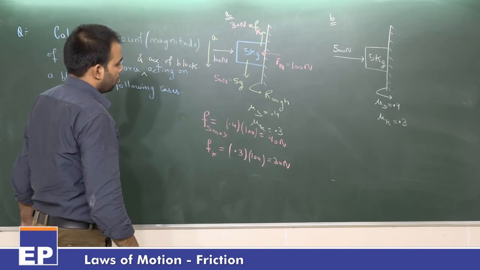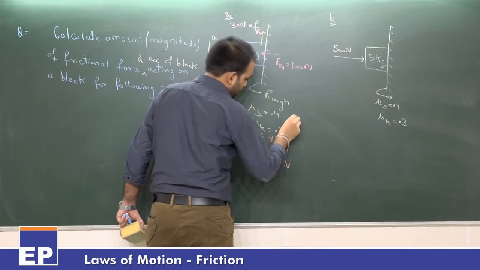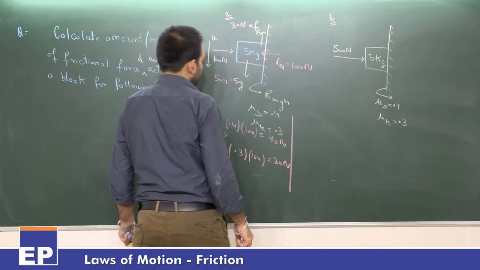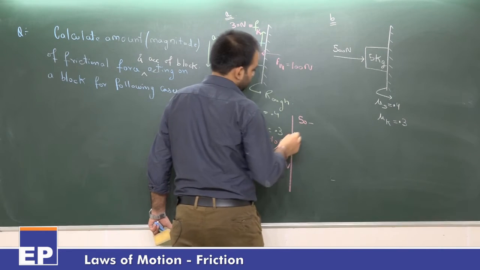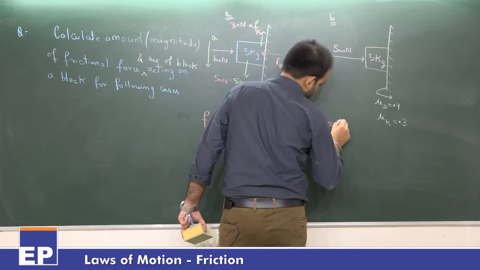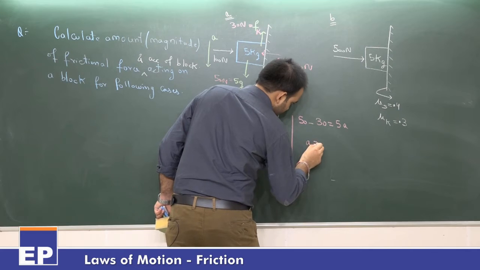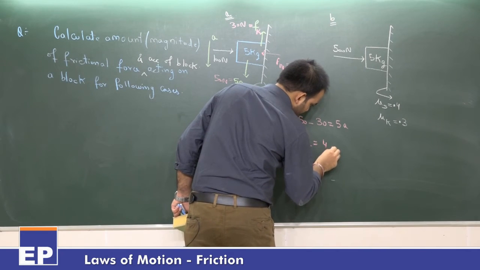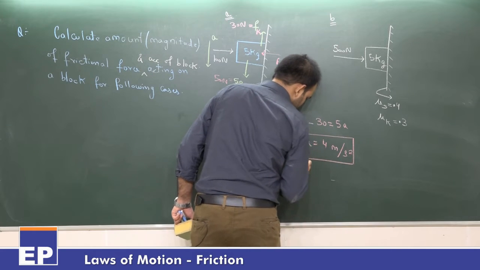Now it is moving in downward direction, so we can write simply that 5G, 50, minus 30, is equal to 5 into A. So what is A? 4 meter per second square.